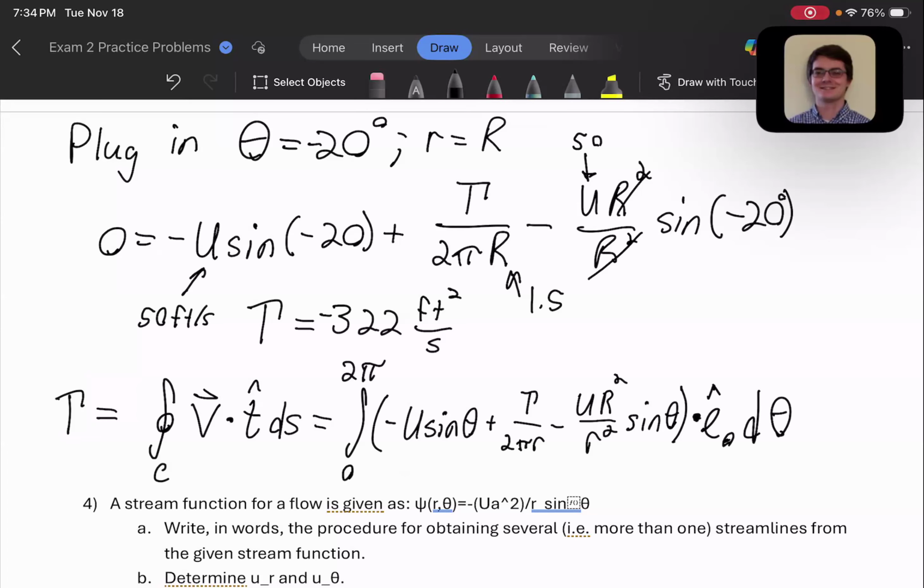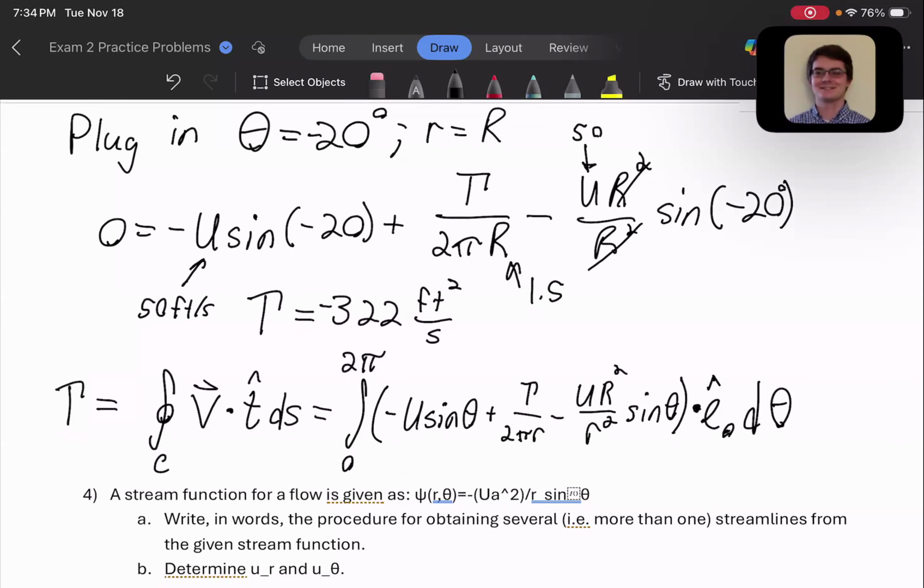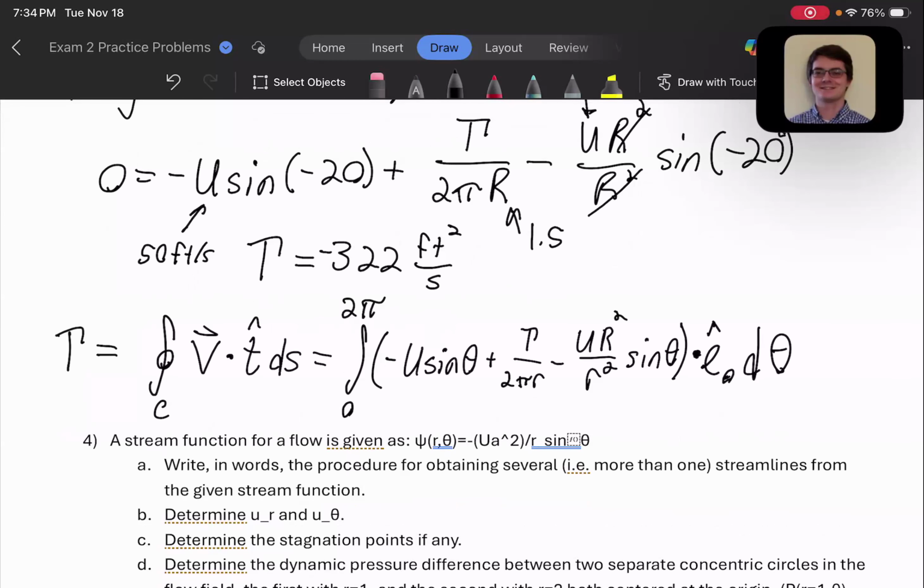We're basically just going around the cylinder, r is constant, unit vector is all the way around. So we start integrating. We'll see where this goes, because for the solution I worked this one out, so we'll see how this comes out.